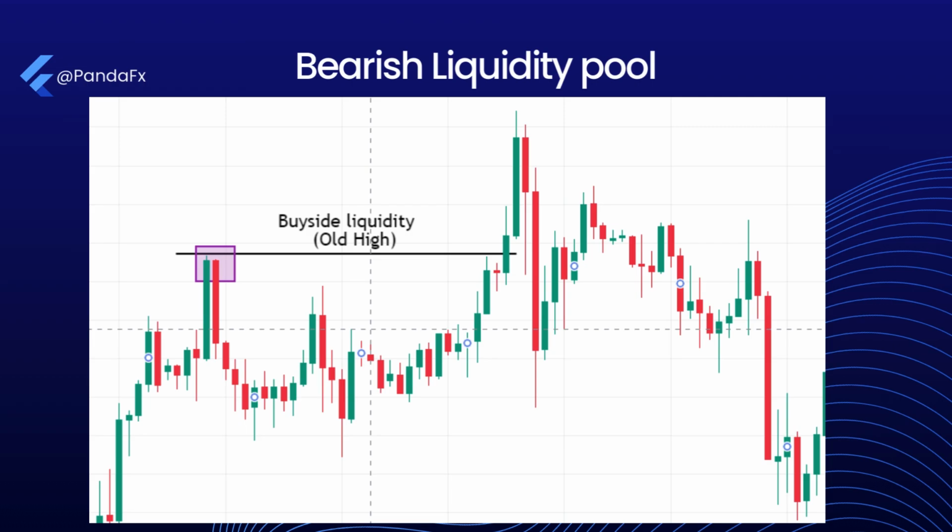The displacement going downward and then the retracement and more sell-offs going downward on the right hand side. So this is an example of the bearish liquidity pool. These are how the market books the liquidity, the buy stops at these positions.